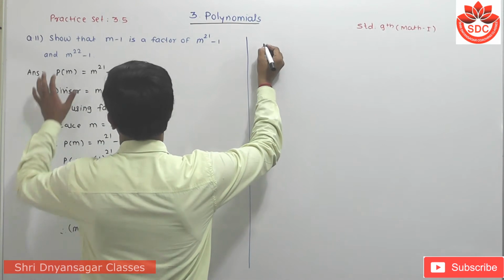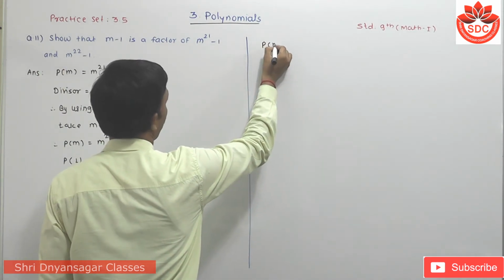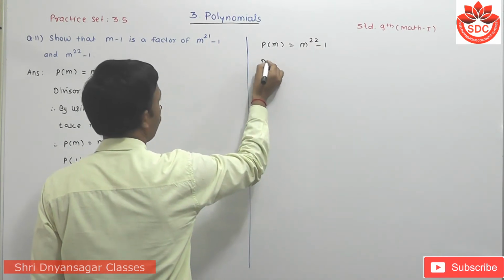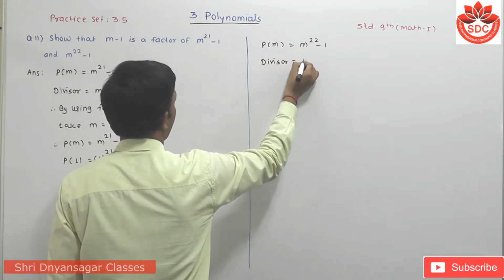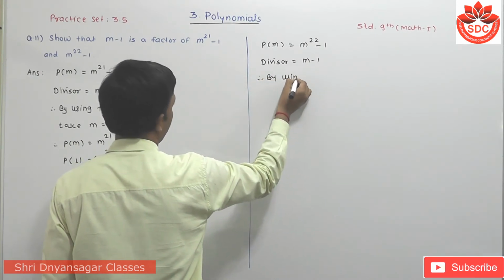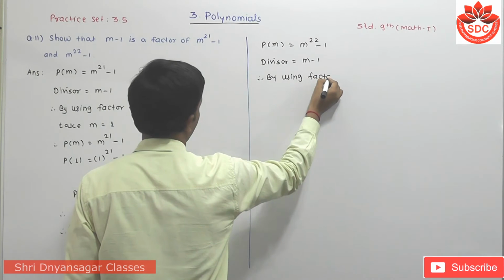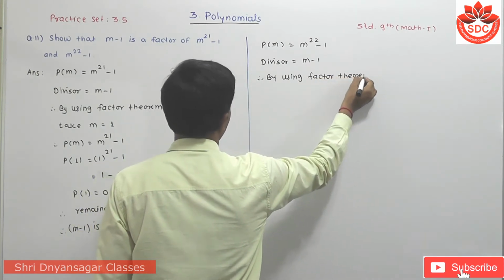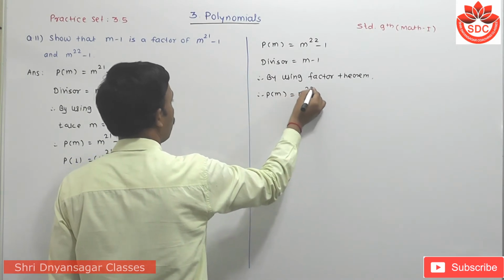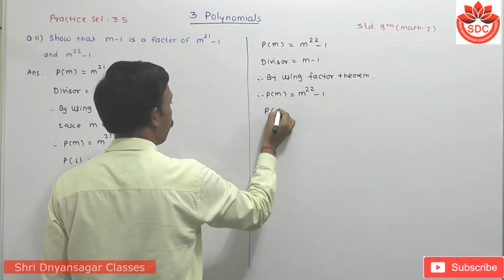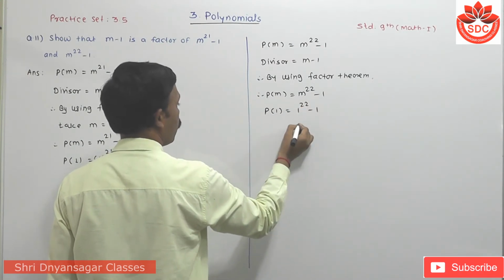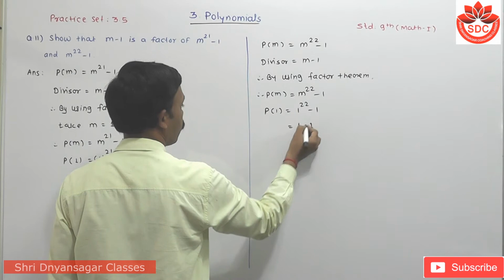Similarly, we take the polynomial p of m equals m raised to 22 minus 1. Here the divisor is m minus 1. Therefore, by using the factor theorem, p of m equals m raised to 22 minus 1, means p of 1 equals 1 raised to 22 minus 1, and 1 raised to 22 is 1, minus 1.